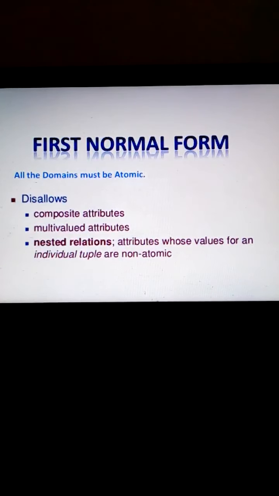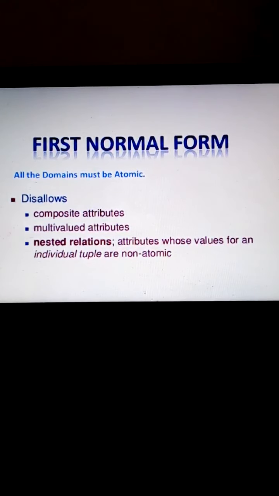Now, this means attributes in a relation will not contain any values that can be further broken down into different parts. Like whenever we need to store information about a student, we always store the name of the student.